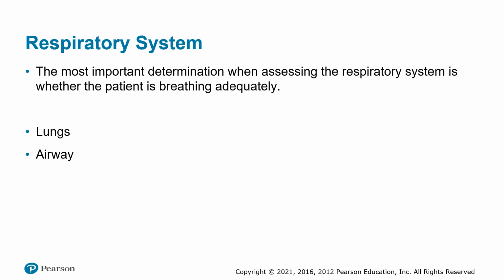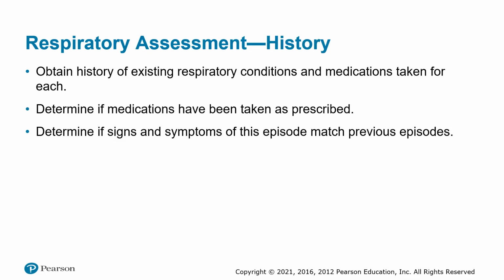So, specific body system exams. The most important determination when assessing the respiratory system is whether the patient is breathing adequately. And then we're going to look at lungs and the airway to figure that out. In our history, we're going to obtain a history of existing respiratory conditions, COPD, CHF, asthma, anything like that, and determine if any kind of medications have been taken as prescribed, and determine if signs and symptoms of the episode match previous episodes.